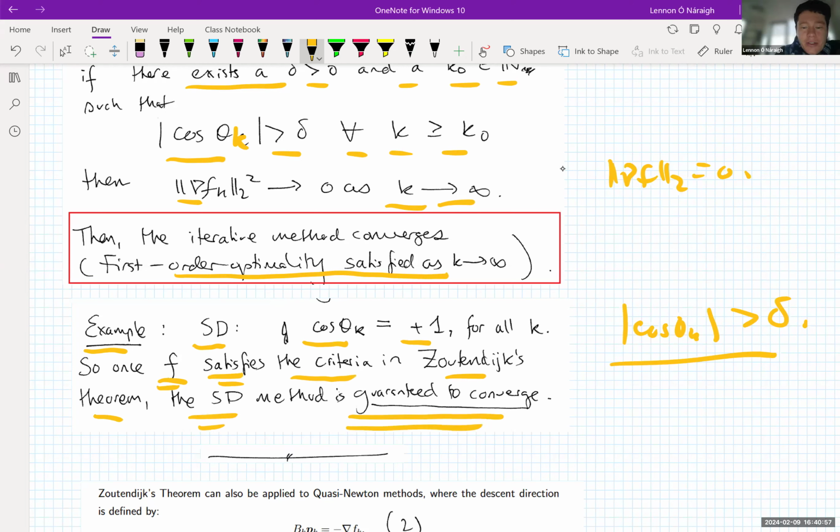So we have our first convergence result of the course, namely that the steepest descent method converges to a minimum where first order optimality is satisfied, once f is sufficiently well behaved as per Zoutendijk's theorem.